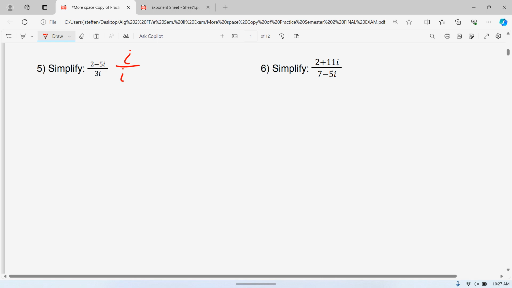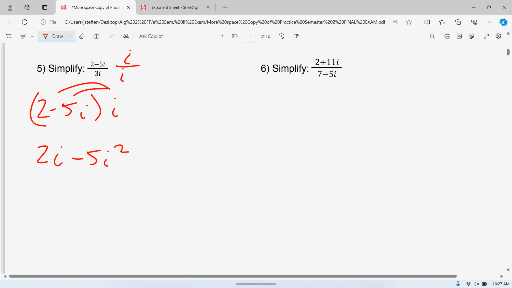So if you multiply the top and bottom by 3i, it just changes the multiple choice options until you reach the answer. If you multiply by i, my numerator is 2 minus 5i times i, 2i minus 5i squared.